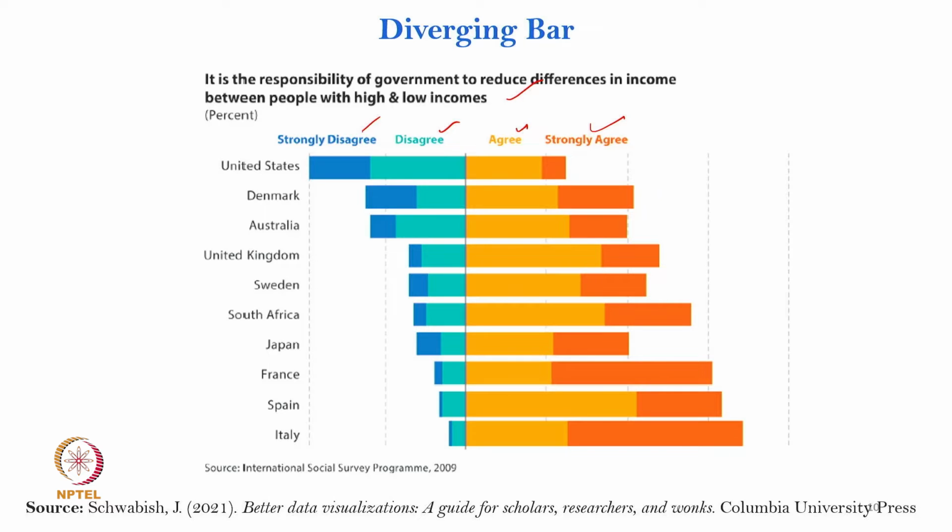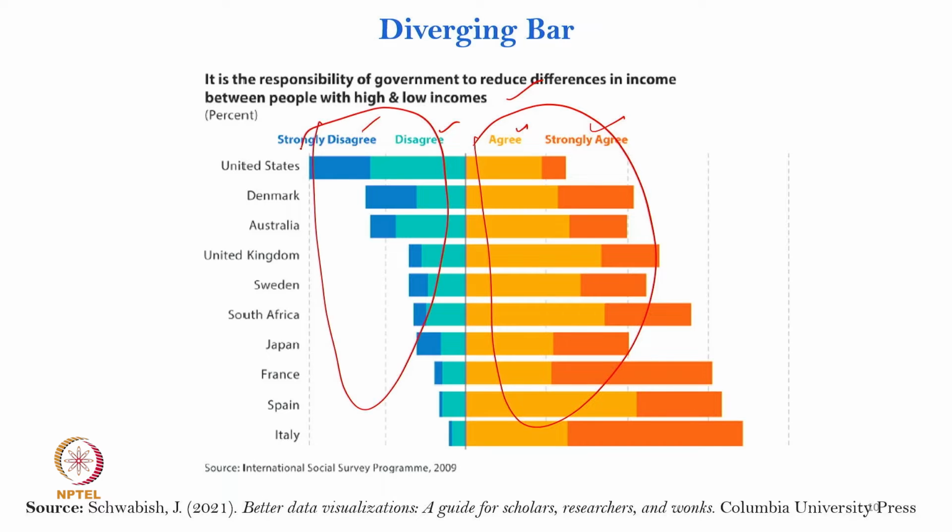The image shows the responsibility of the government to reduce the difference in income between people with high and low incomes. As it shows, it can cover strongly disagree, disagree, agree, and strongly agree. Within the image, one can look at both the positive and the negative details.